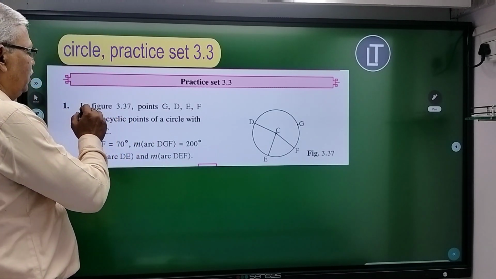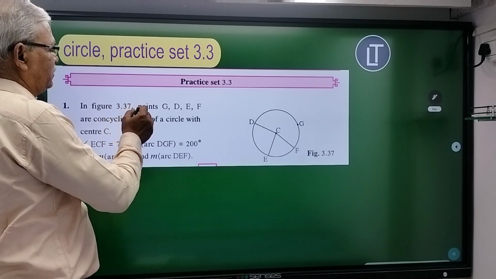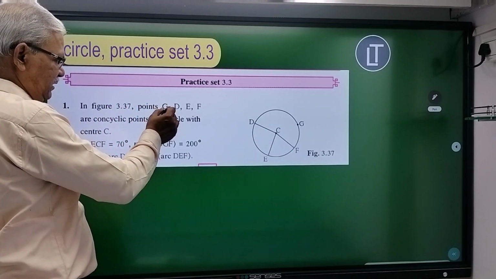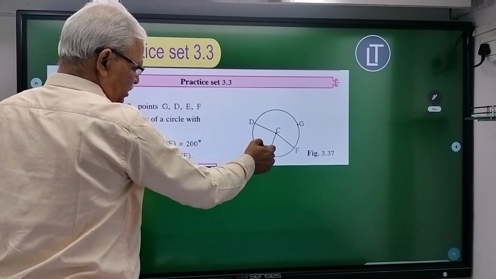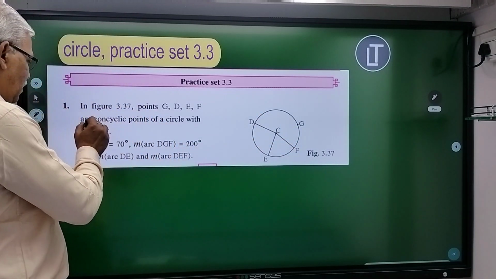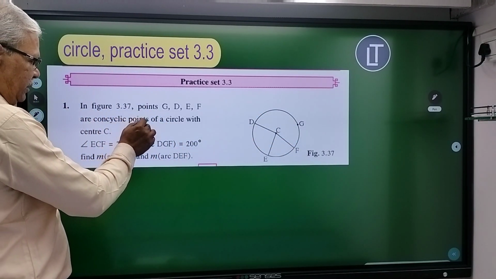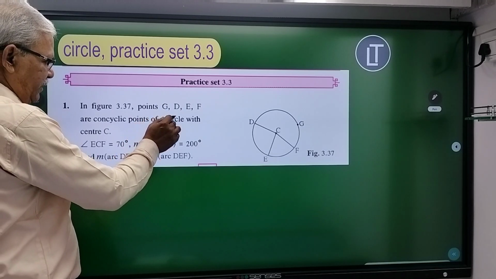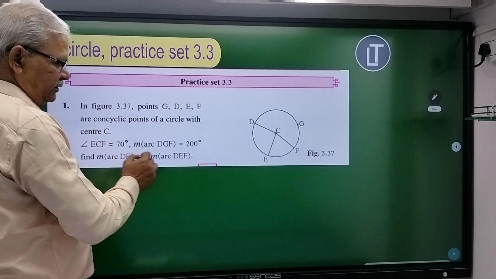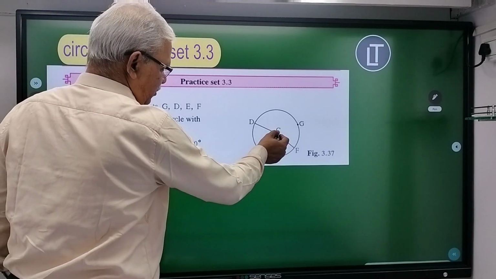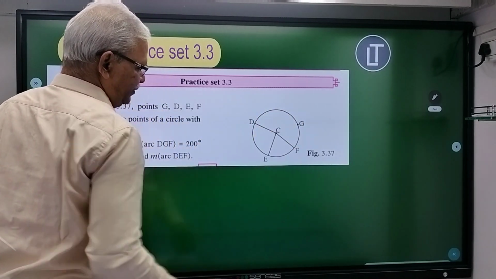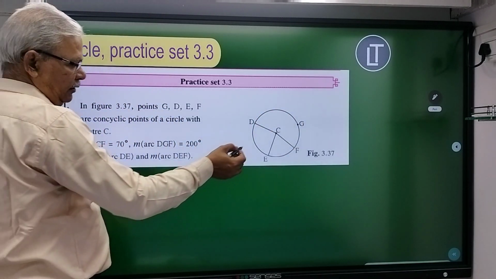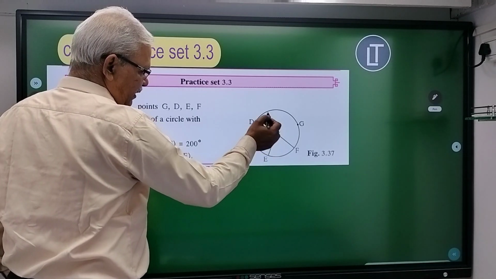Here in figure 3.37, points G, D, E, F are concyclic points of a circle with center C. Here these points are on the same circle and having center C.